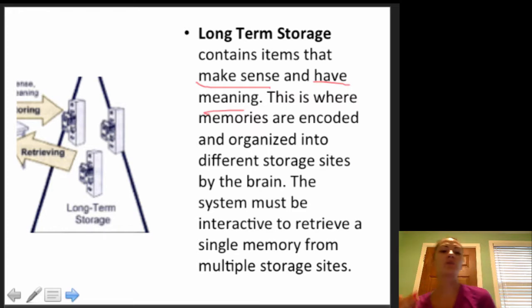So your long-term storage to recall a memory is going to activate many parts of your brain, okay? Some of the types of things that are in your long-term storage are going to be episodic, things that happen over and over again, procedural, how to do something, and then also like imagery, like a mental image, okay?